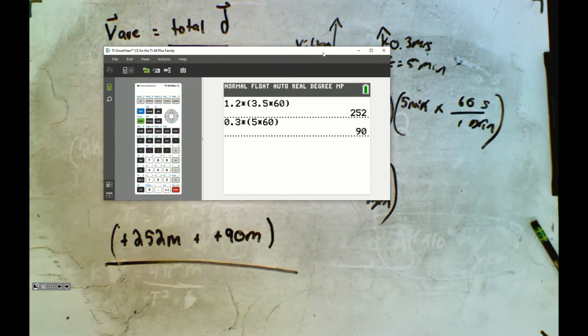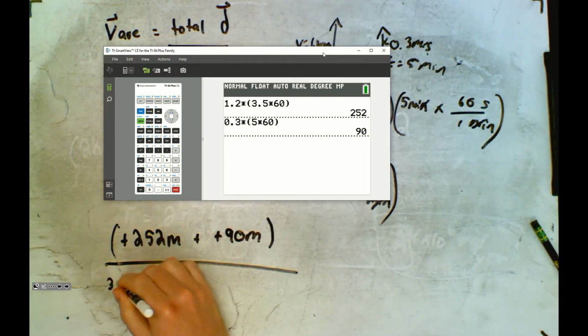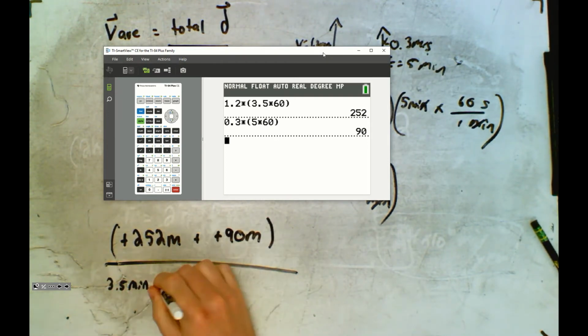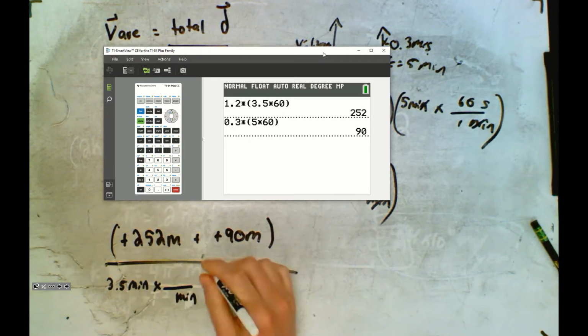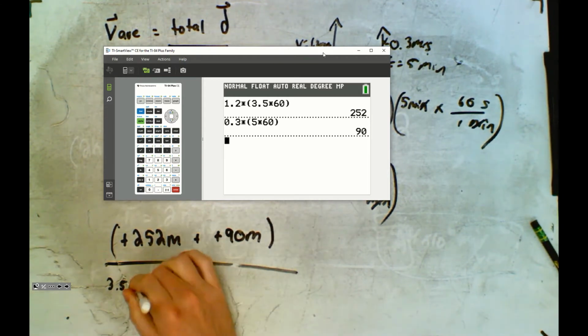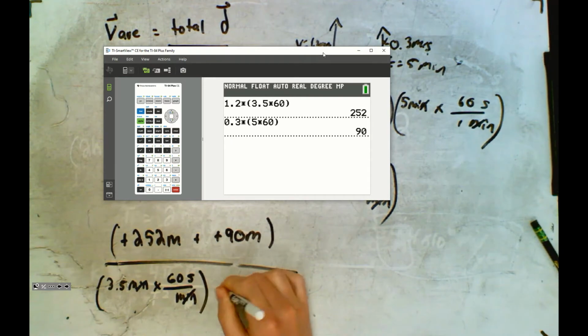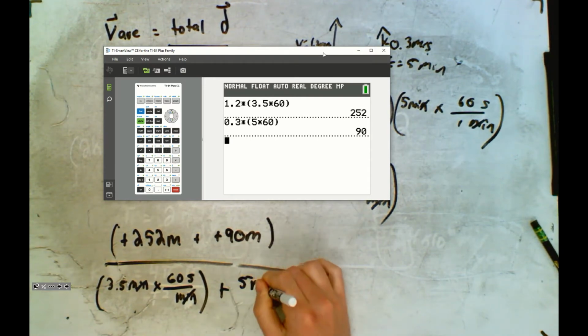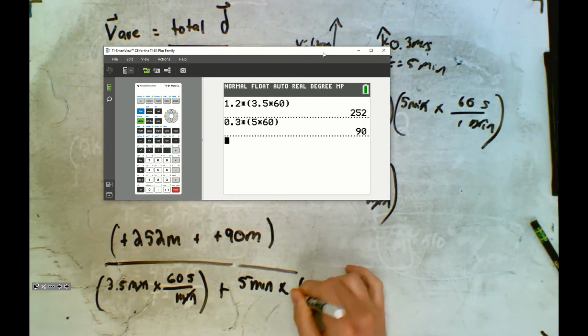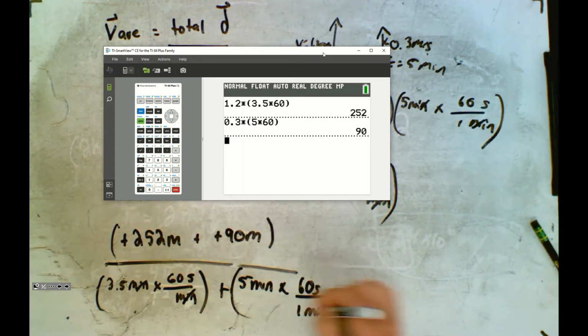And then all my answers are in meters per second, so my total time is going to be that 3.5 minutes times 60 seconds in a minute, and then I need to add that to 5 minutes, and there's 60 seconds in 1 minute, because I want to be in seconds.